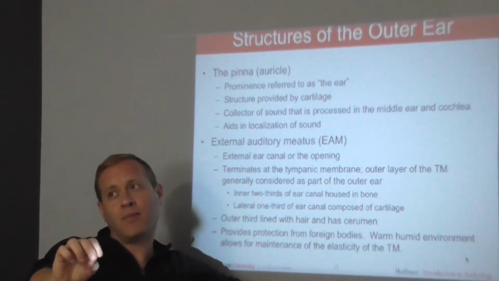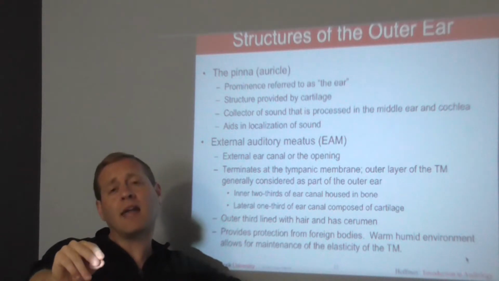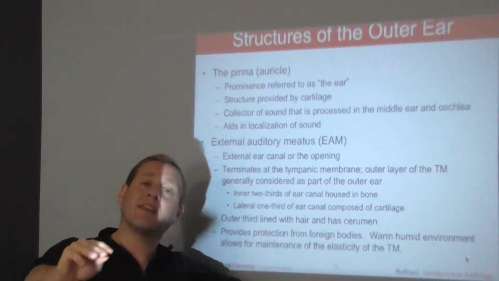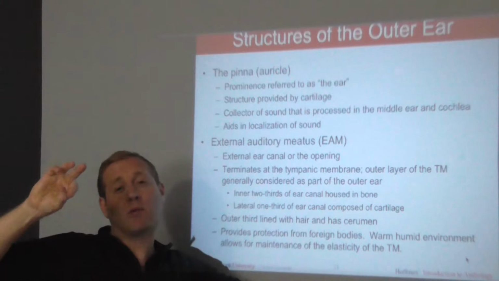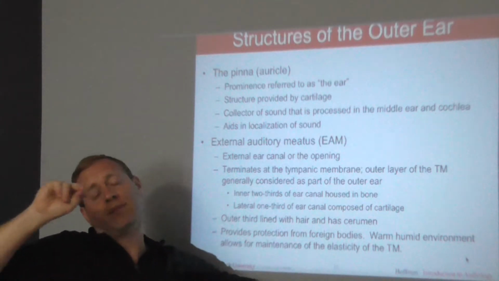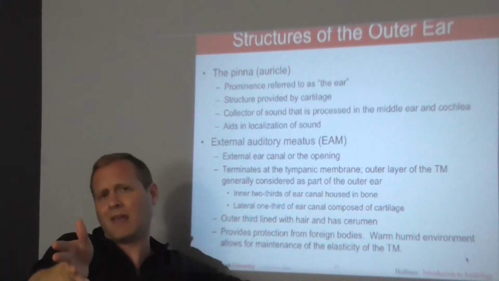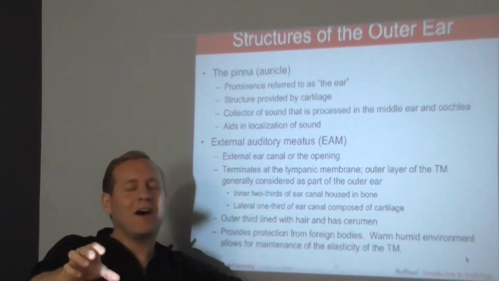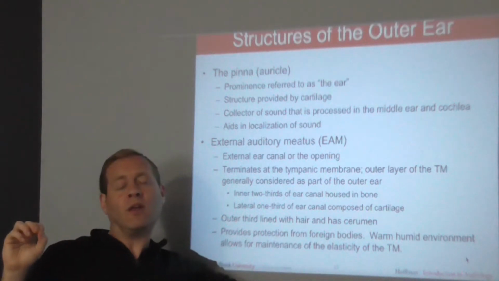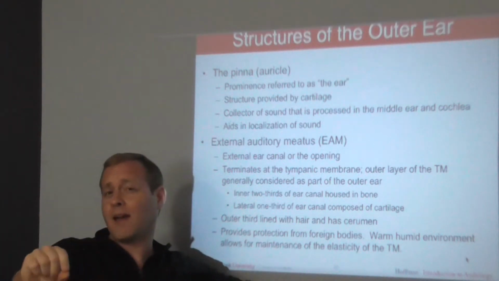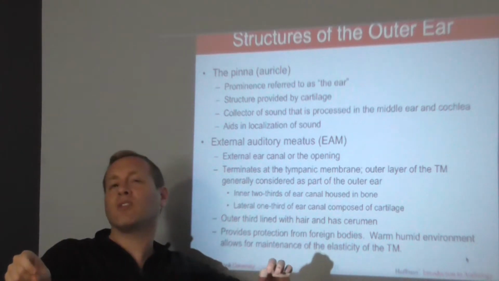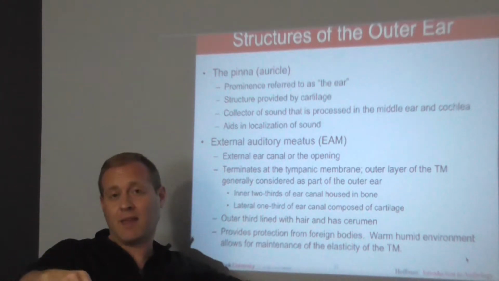Additionally, the skin cells of the lining of the external auditory meatus also migrate outward as they get older, okay? So there's some movement. You can't see it, it's very slow, but there is movement outward. So you do not have to help clean out the external auditory meatus typically.